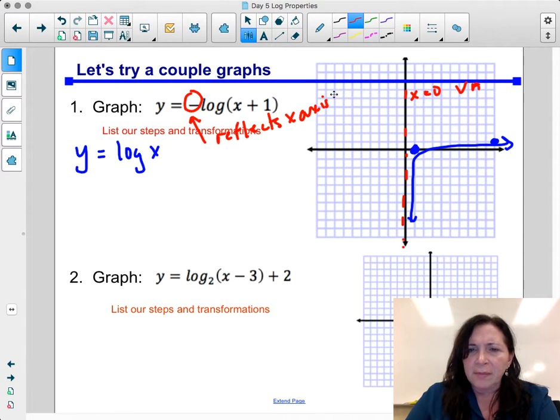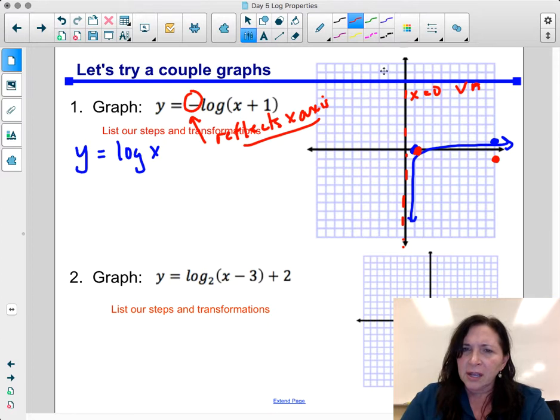So this point is still going to stay the same, but this point, instead of being 10, 1, is now going to be 10, negative 1. It's not an inverse, it's a reflection. So reflections across the x-axis change the y term to a negative.